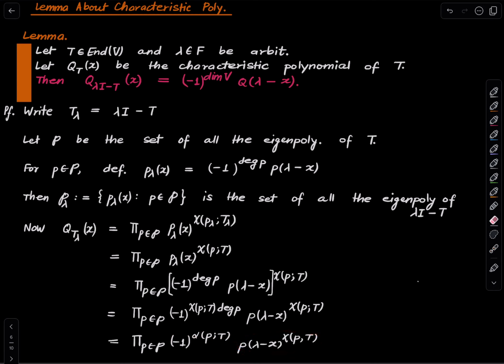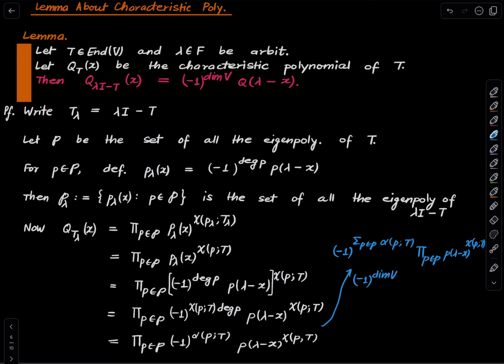So this is equal to minus 1 to the power this sum, and here we have a product. But this is nothing but the dimension of V, because the sum of all the algebraic multiplicities is the dimension of the vector space.